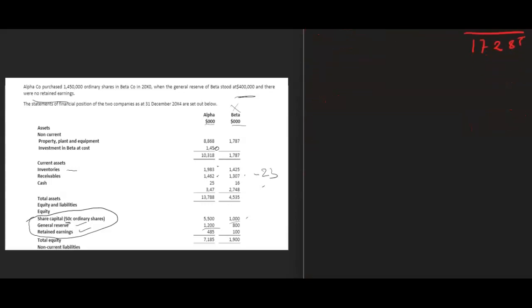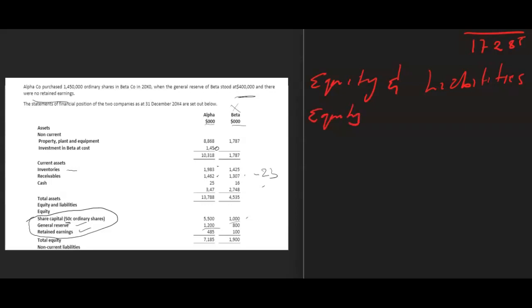So that is our asset on the asset side. Let's go on the equity and liability side. Okay, where is our equity? Okay, so we have equity and liabilities, right? Okay, so starting with equity.